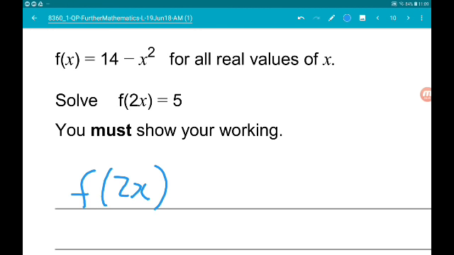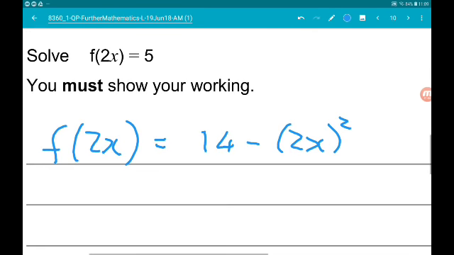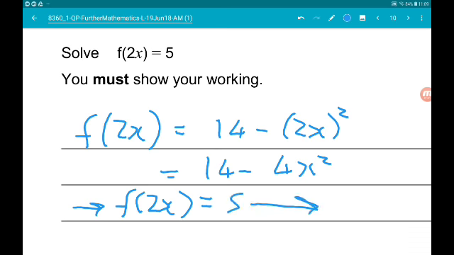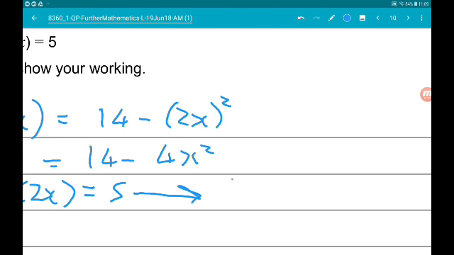So, f of 2x is 14 minus (2x) squared. Now this is 14 minus 4x squared. So, f of 2x equals 5 is the same as 14 minus 4x squared is equal to 5.